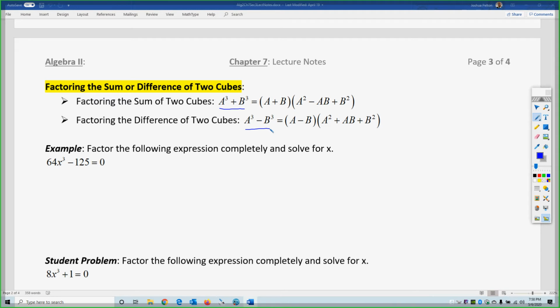The first one we have here is a difference, right? Because it's a subtraction: 64x cubed minus 125. They're not both the third power, but 64 and 125 are cubic numbers.